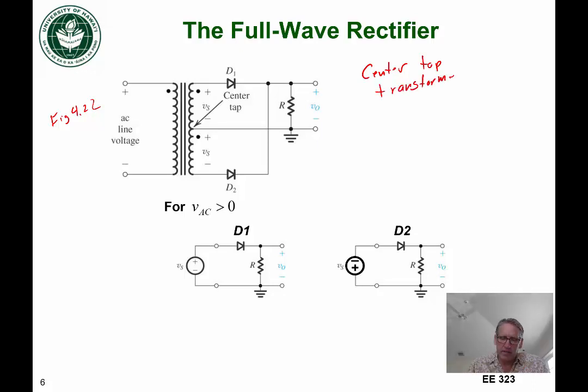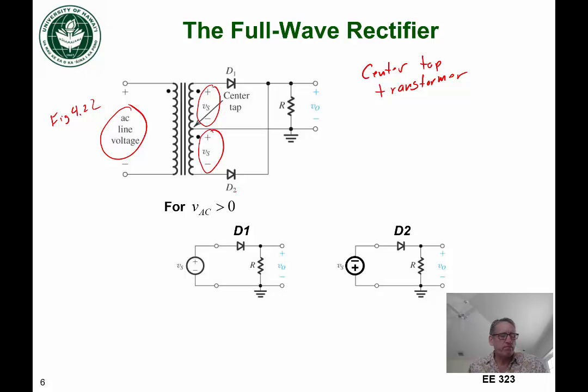What this does is it takes this AC line voltage coming in, and it generates two waveforms coming out, both magnitude Vs, but with reverse polarity. So you notice that the polarity on diode D1 and the polarity on diode D2 are opposite, the same waveform but in opposite phase.